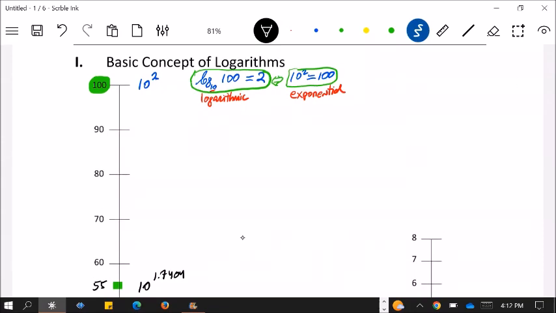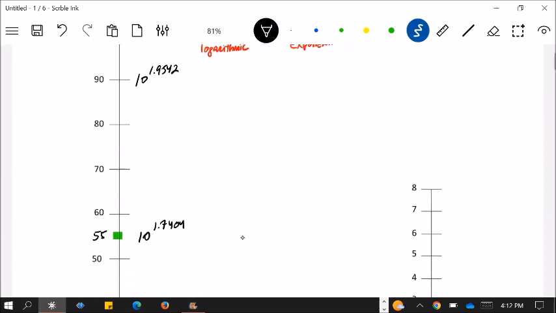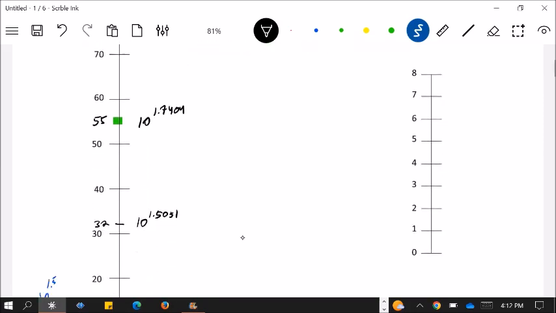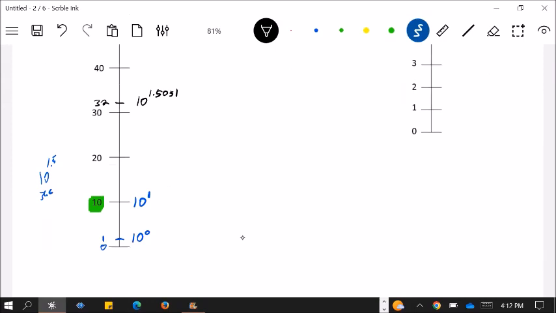Like there's log of 100, log of 90 is 1.9542. And log of, let's say, 75 is 1.8751.